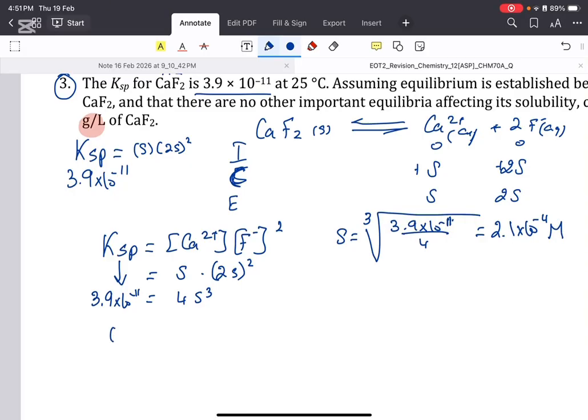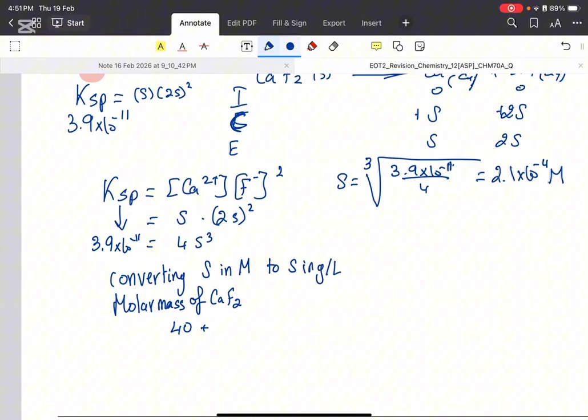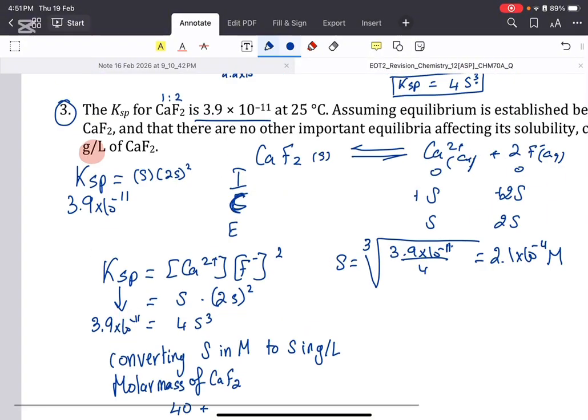So, how do I convert S in molar to S in gram per liter? All I need to do is get the molar mass of CaF2 from the periodic table. So in the periodic table, calcium molar mass is 40 and the fluoride molar mass is 19.